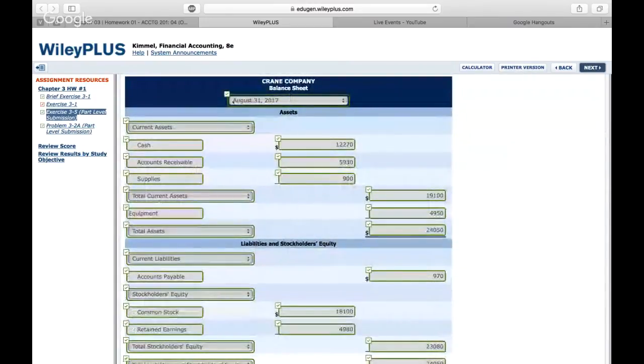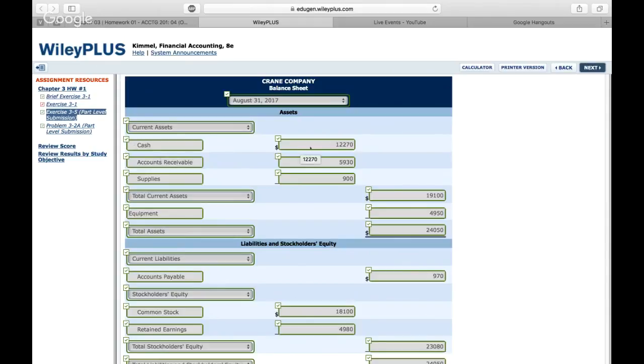Now the date on the balance sheet is a little different. It's August 31st, 2017. You're going to grab your current assets first, because we know this right here, it's assets, so it's going to be current. And same right here, liabilities. You're going to have your current liabilities, and then it's going to be stockholders' equity. So it's kind of just looking up at all those columns.